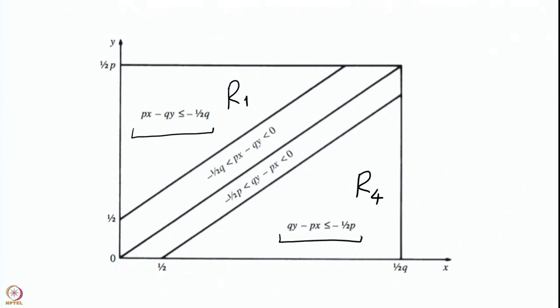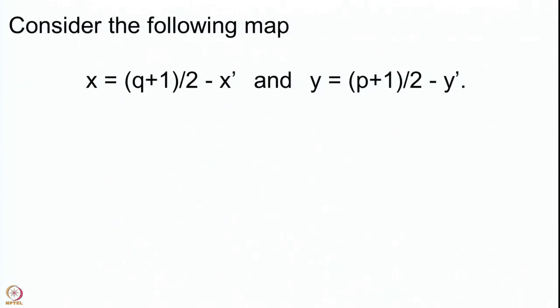To show that the 2 sets have the same number of lattice points, you should just give a bijection between the 2 sets. So, here is a map. We start with this map, x equal to (q plus 1)/2 minus x prime, and y is (p plus 1)/2 minus y prime.